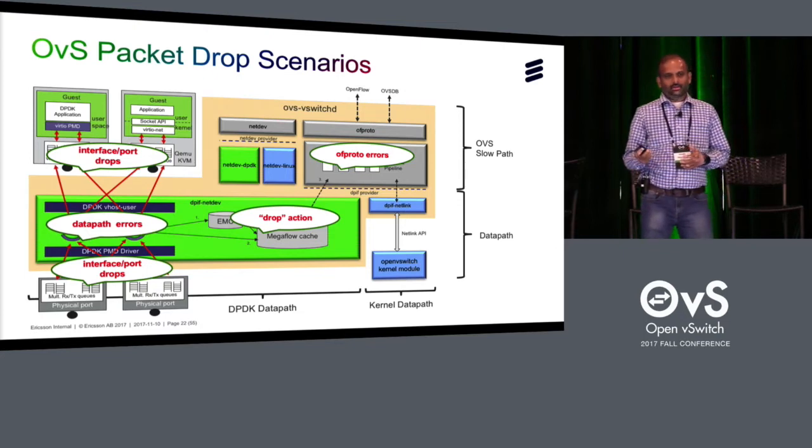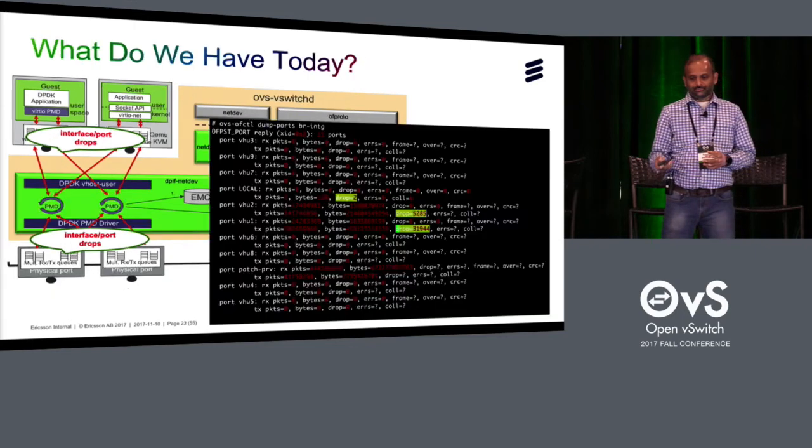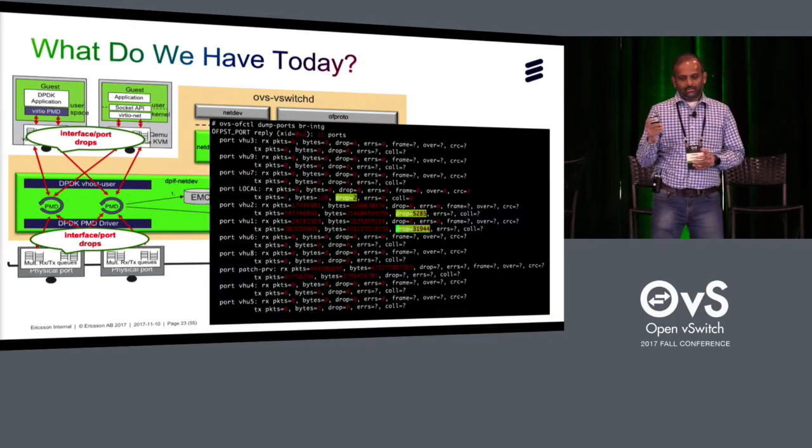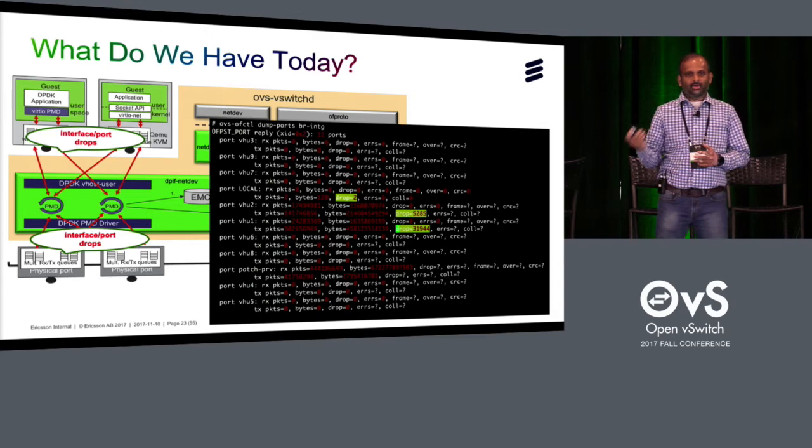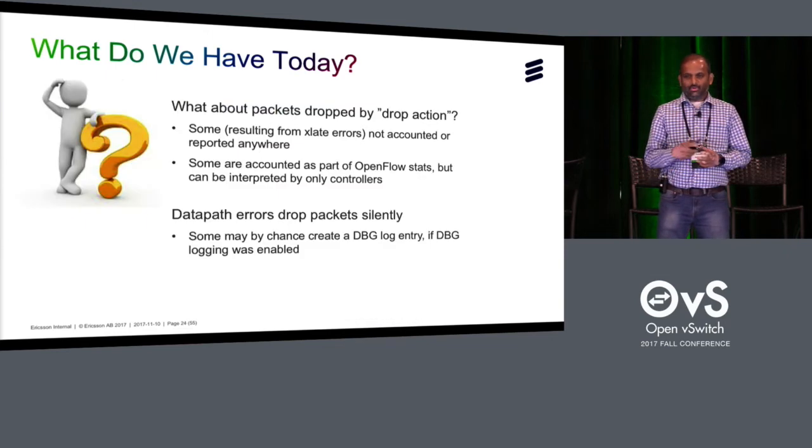So now let's look at how we can monitor these drops. Today we can monitor only the drops at the interface level. One would run the interface stats command to monitor the drops at the interface level, but we don't have any other mechanisms to monitor the other drops. So what about the drops happening by the drop action? The drops happening because of the translate errors in the OVS proto layer are not accounted anywhere.